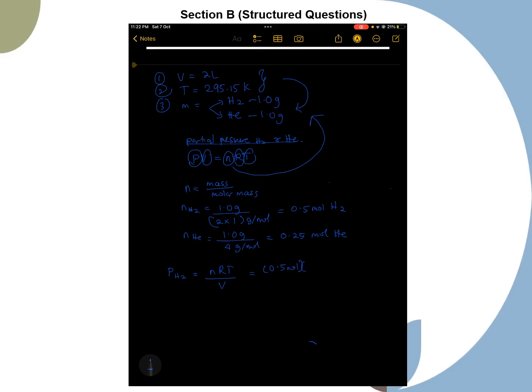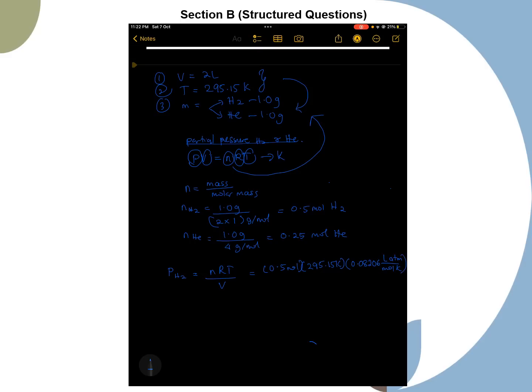Remember, for the ideal gas equation, temperature must be in Kelvin. It's given in Kelvin, so just substitute the value, 295.15 Kelvin, and then times the R value, 0.08206, which has the unit of L atm over mol K.